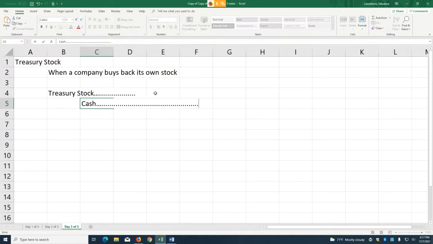So basically, you would multiply the number of shares by the market price.